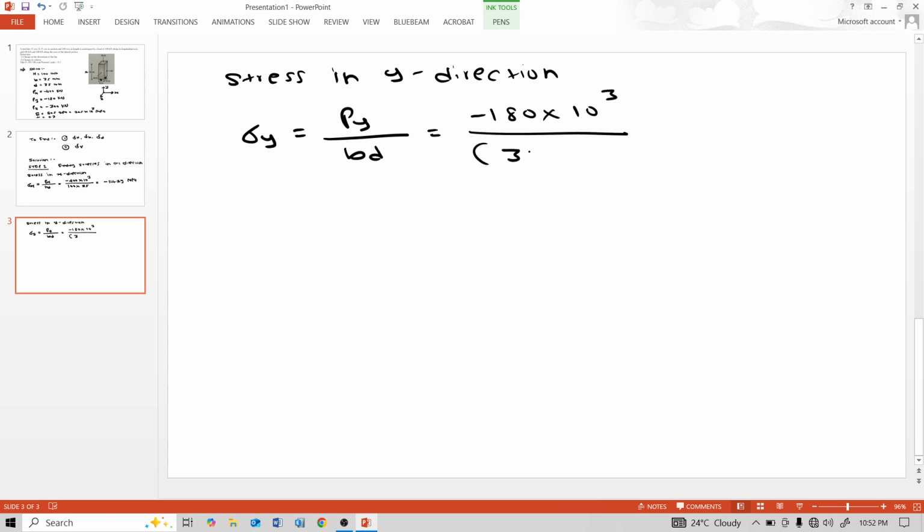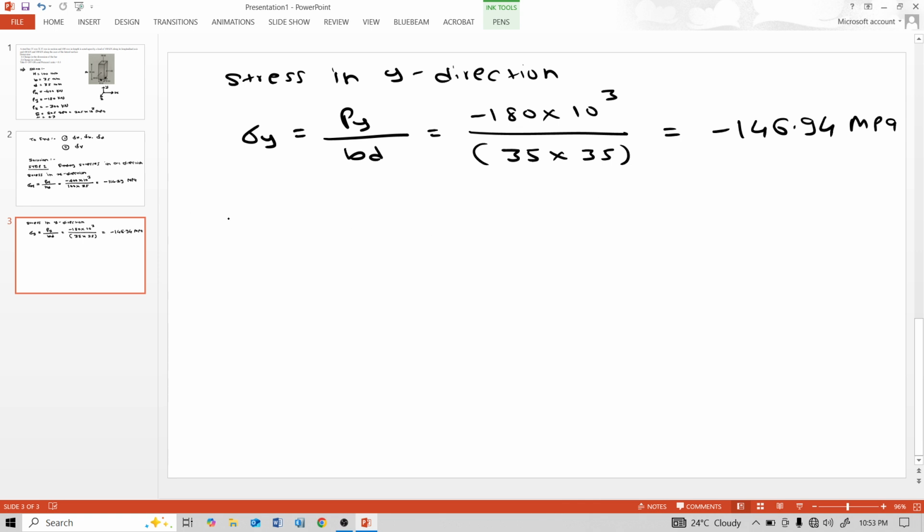B is 35 multiplied by D is also 35. Minus 180 into 10 raised to 3 divided by 35 into 35 is minus 146.94 MPa.